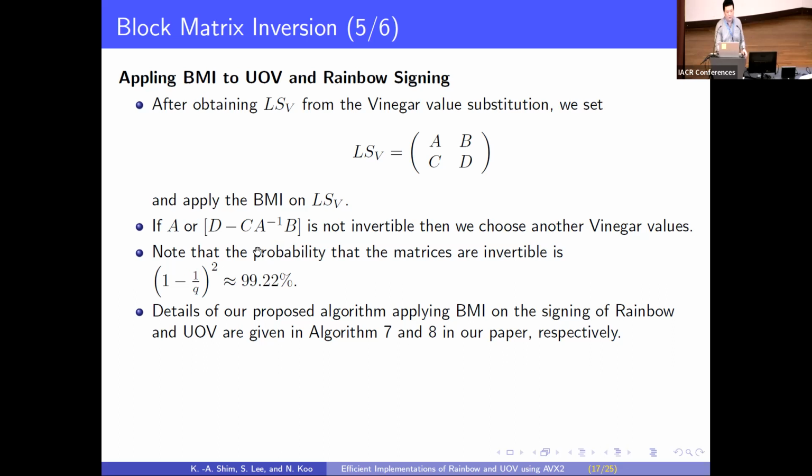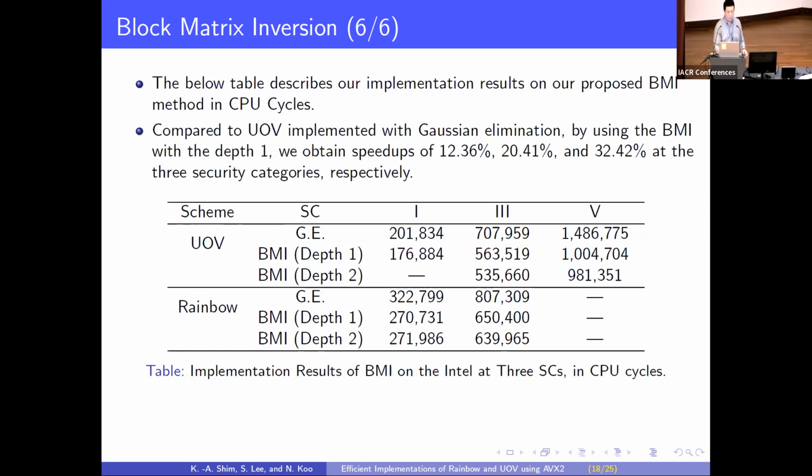But these matrices are invertible with high probability. This table describes our implementation results of the BMI method. Compared to UOV implemented with Gaussian elimination, by using the BMI with depth 1 we can obtain speedups of these ratios in the 3 categories, respectively.